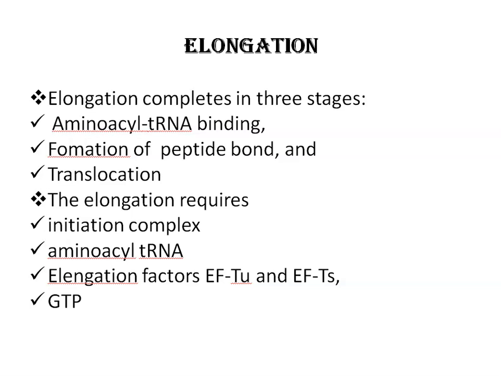Due to this ribosomal movement, the anticodon of the dipeptidyl tRNA moves from the A site to the P site, and the deacylated tRNA is transferred from the P to the E site, and finally the discharged tRNA is released into the cytoplasm for recycling. This elongation requires the initiation complex, aminoacyl tRNA, elongation factors, and GTP.